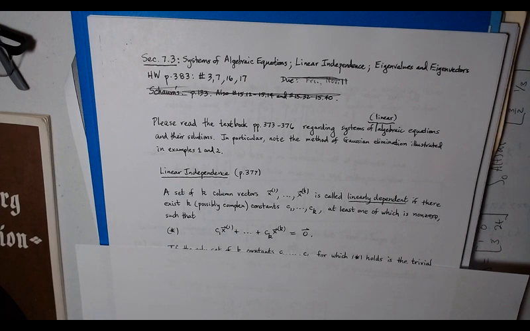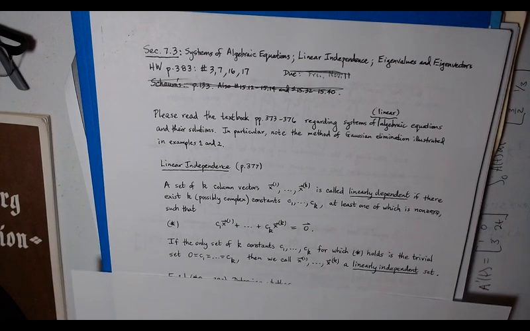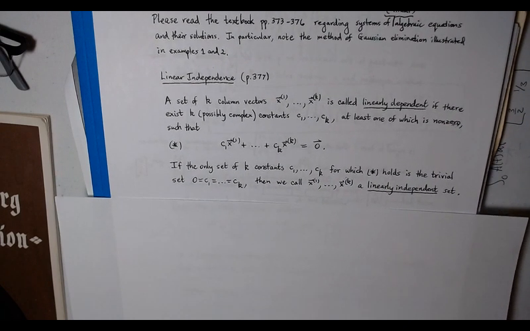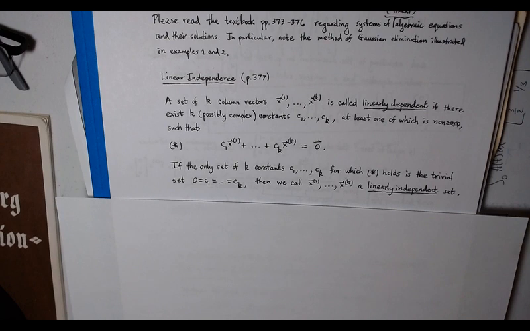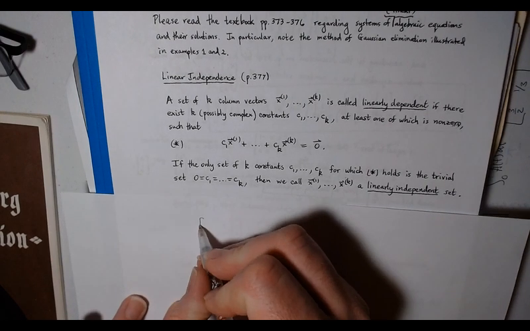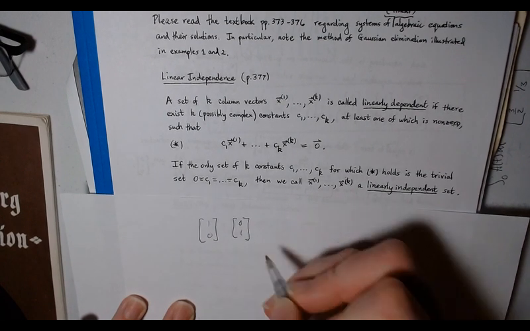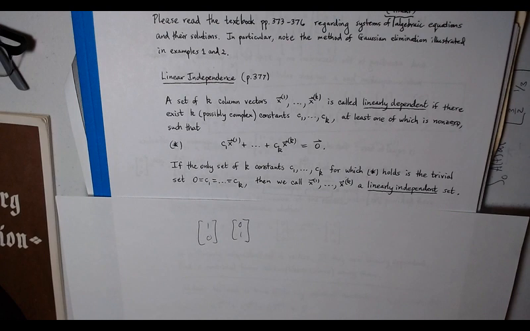It always works if all the constants is 0, so we just ignore that case. If the only set is the all 0 set, then we say that those vectors are linearly independent.